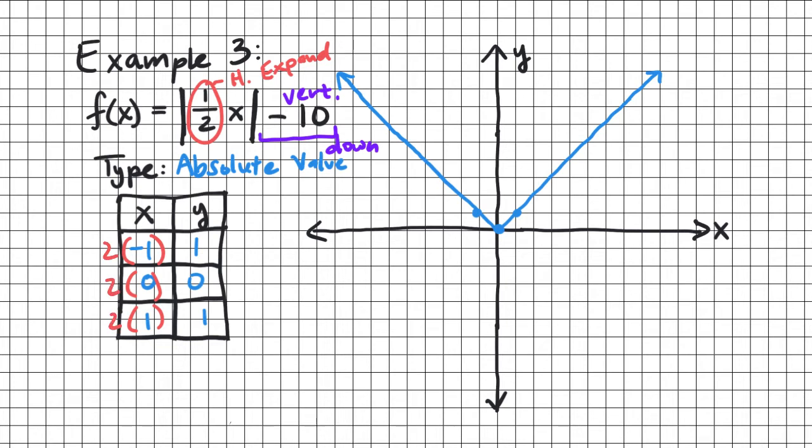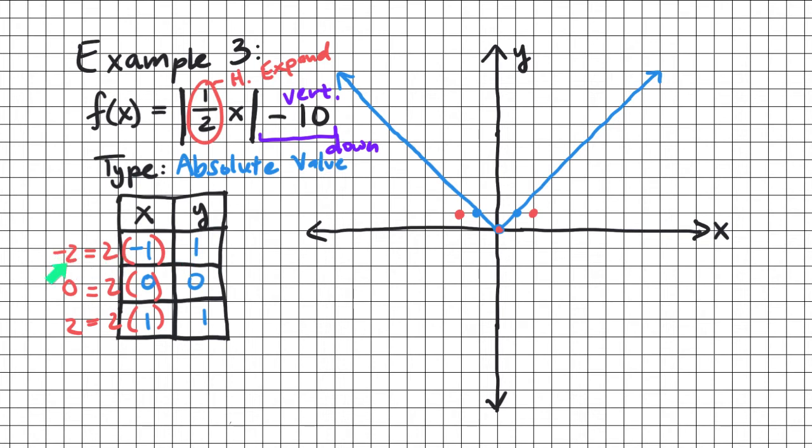So -1 times 2 is -2. 0 times 2 is 0, and 1 times 2 is 2. So that's going to give us new coordinates. So we're going to do negative 2, 1, 0, 0, and 2, 1. Again, I'm just following these new points.